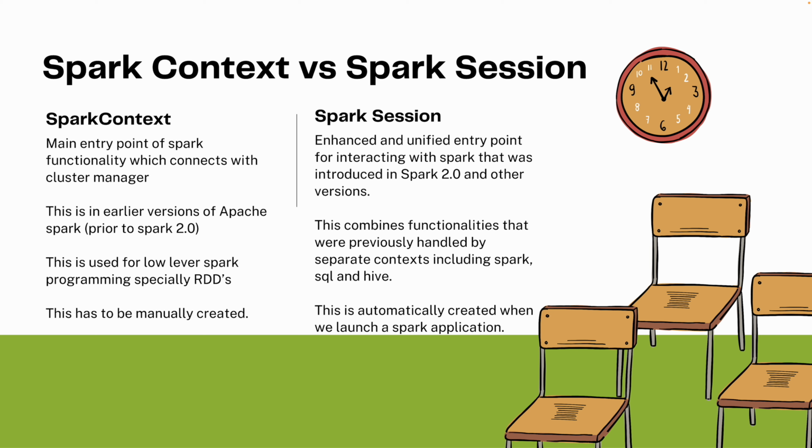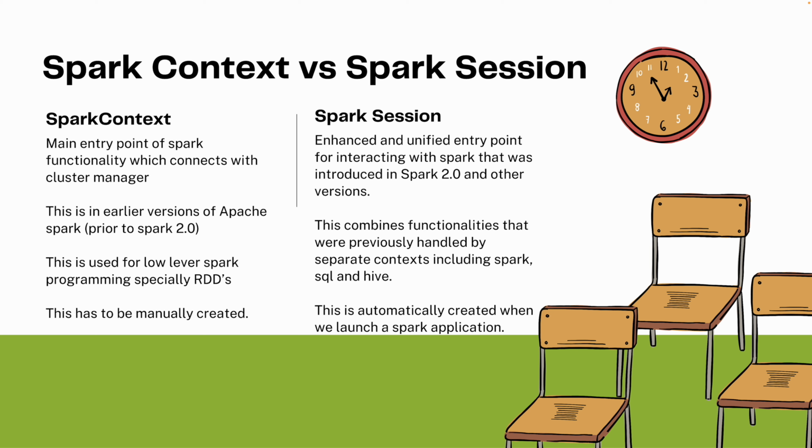In terms of usage, Spark context generally is used for low-level Spark programming, especially RDDs. It deals with RDDs, and it used to be manually created. We had to create a Spark context object manually to interact with Spark features. It generally involved specifying Spark configuration options and setting up the application environment.